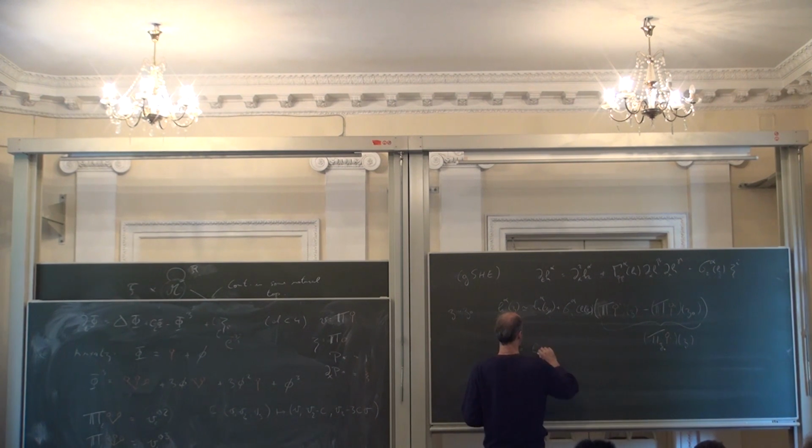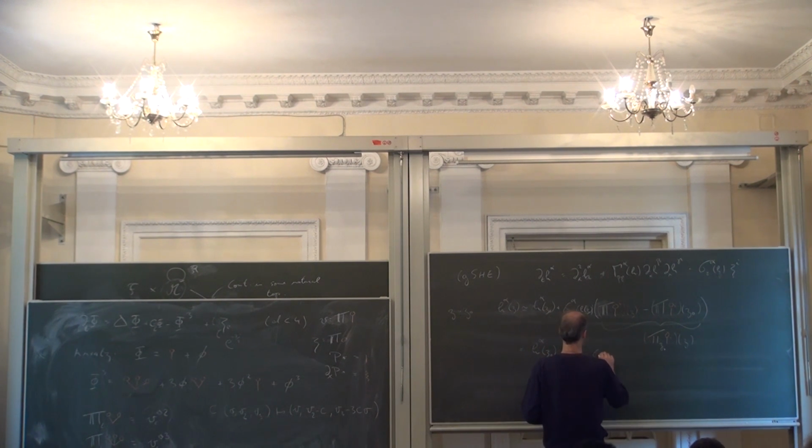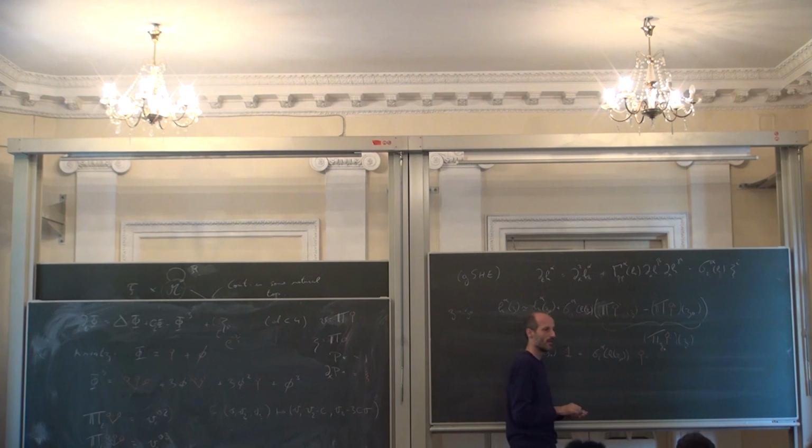I expect to have an expansion of the type h alpha of z0 times, if you want, the constant function 1, plus this sigma I alpha of h of z0 times this function here, right?